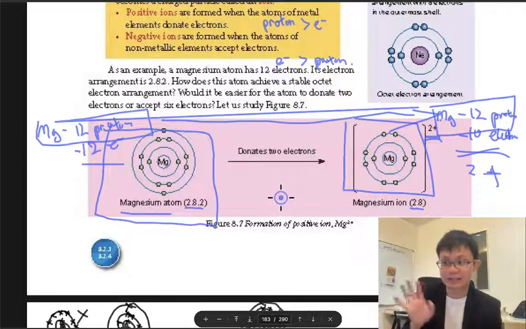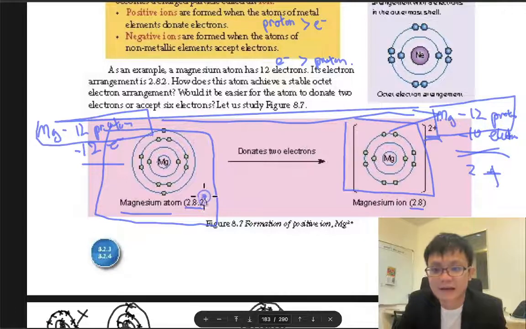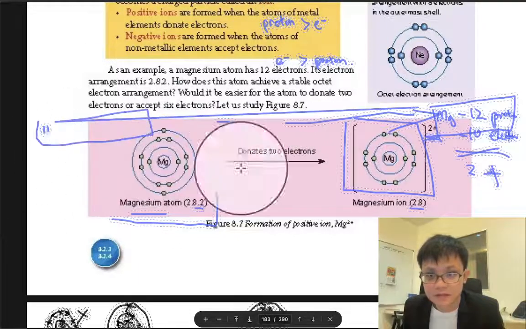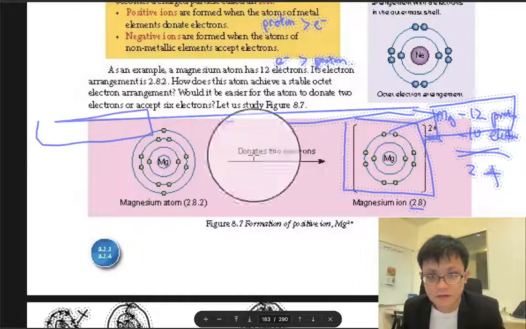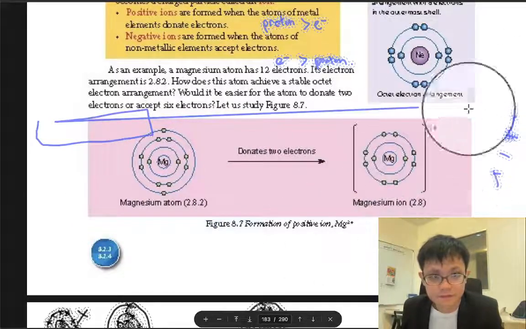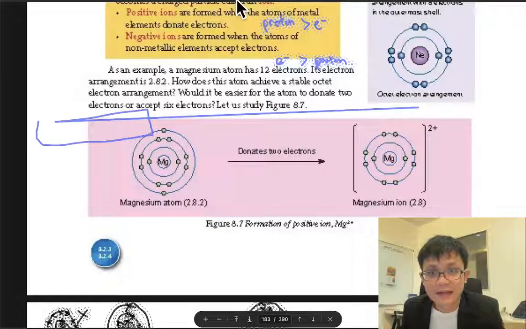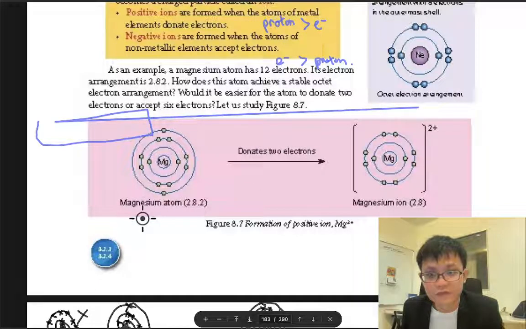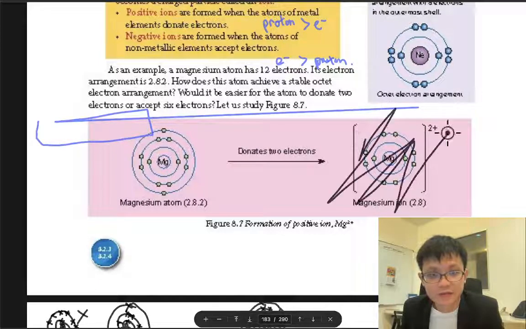So let's say the question is like this. Let's take an eraser first. Let's take an example. The question only gives magnesium, and he didn't give you the picture, so you need to draw.